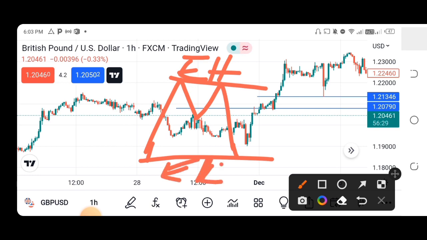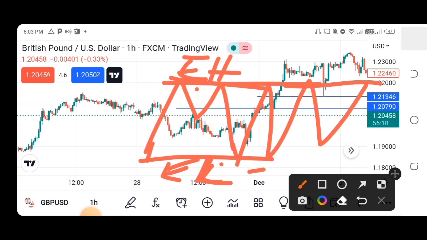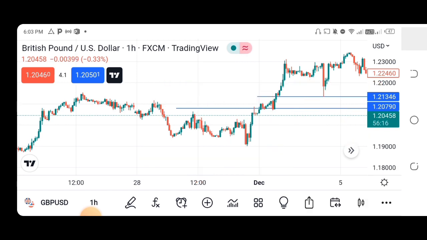Our equal highs and our equal lows. This is market structure. It means that the market is ranging. So you see it creating equal highs, equal lows, equal highs, equal lows. The market is ranging, it is not trending. So this is an example of a ranging market.